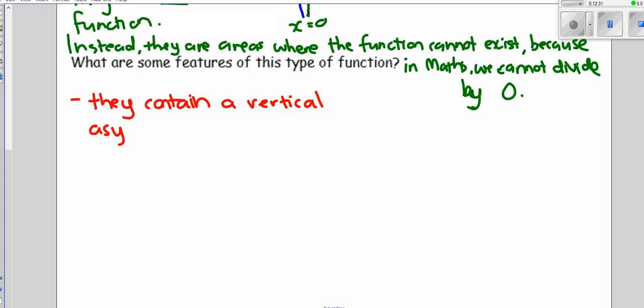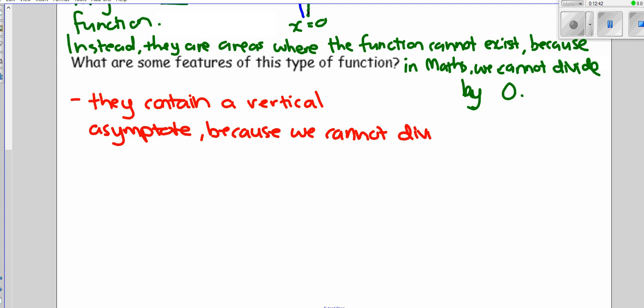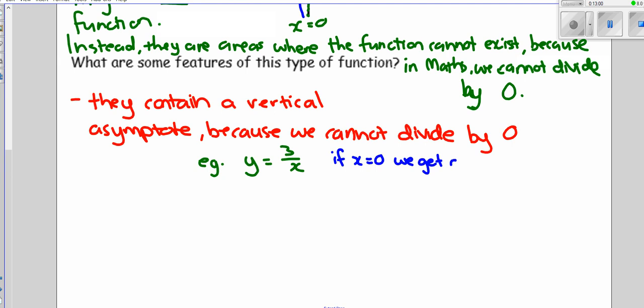It's because we cannot divide by 0. So for example, y equals 3 over x. If x equals 0, we get an error in our calculator.